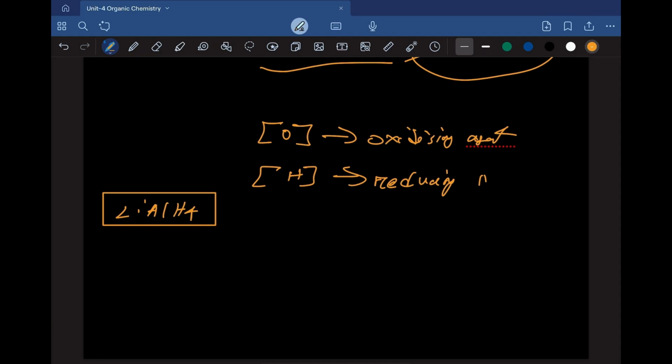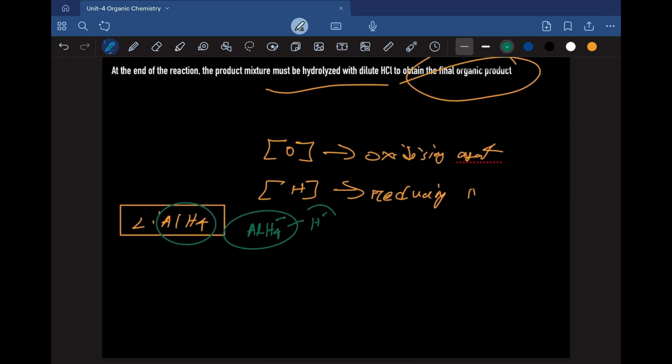So how does it carry out the reduction? We know this AlH4 minus as a whole is a nucleophile. This AlH4 minus is a source of H minus nucleophile. This is how it carries out the reduction. The main thing is that LiAlH4 is a source of H minus nucleophile.